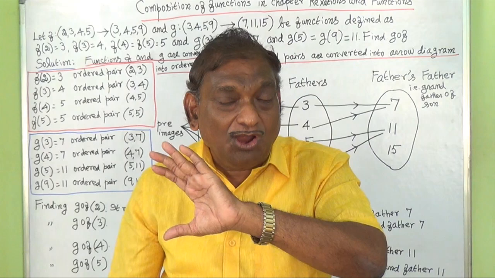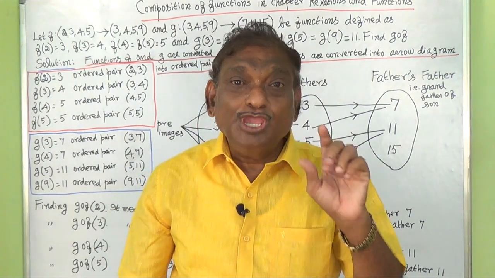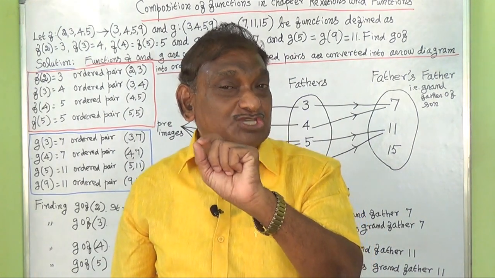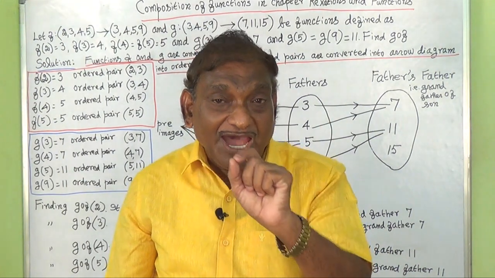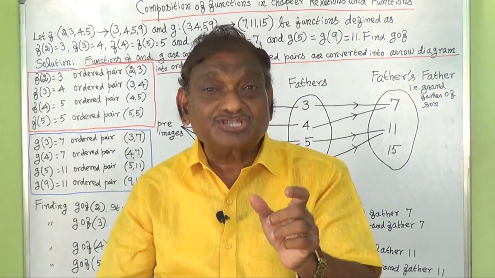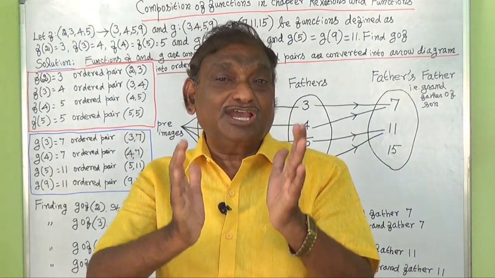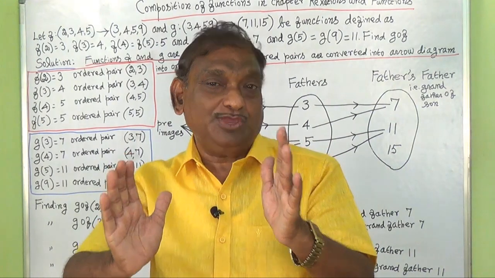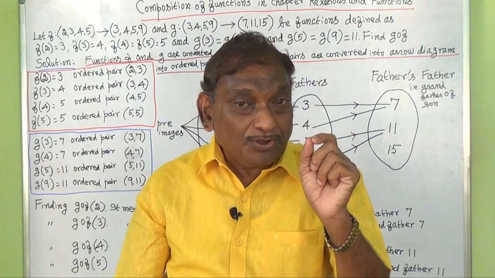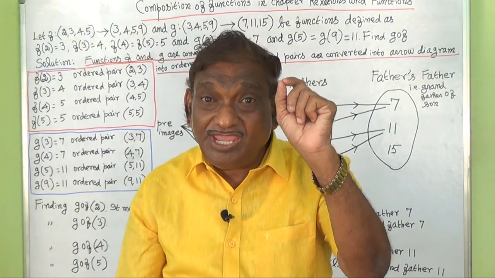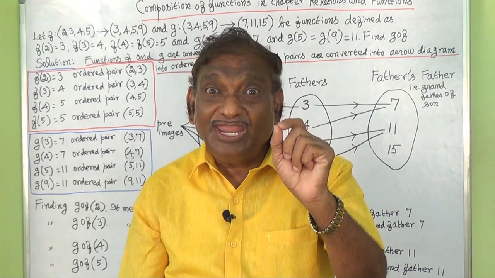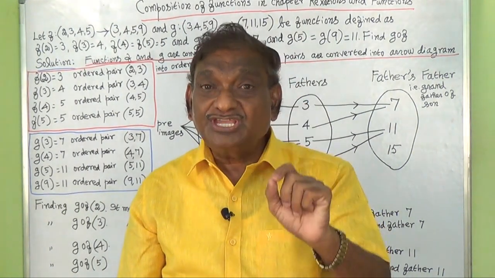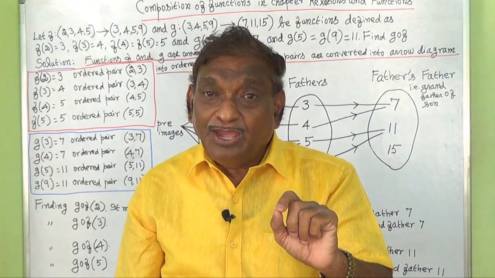Sometimes they will not give y equal to 3x square plus 4x minus 5, they will give f of x equal to 3x square plus 4x minus 5. So, in the place of y, they have given f of x. So, f of x is nothing but y.